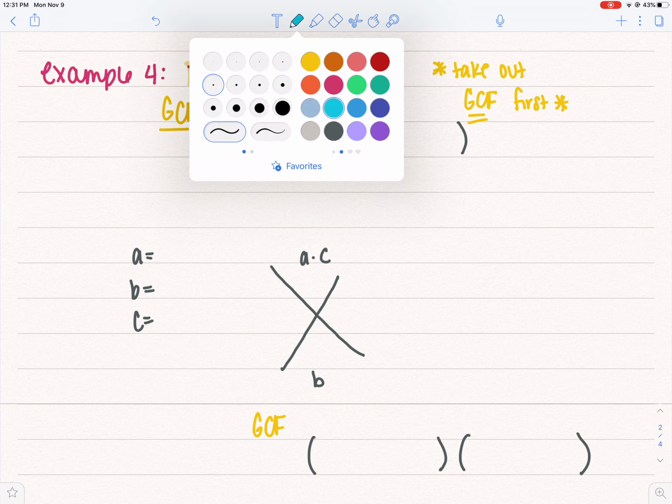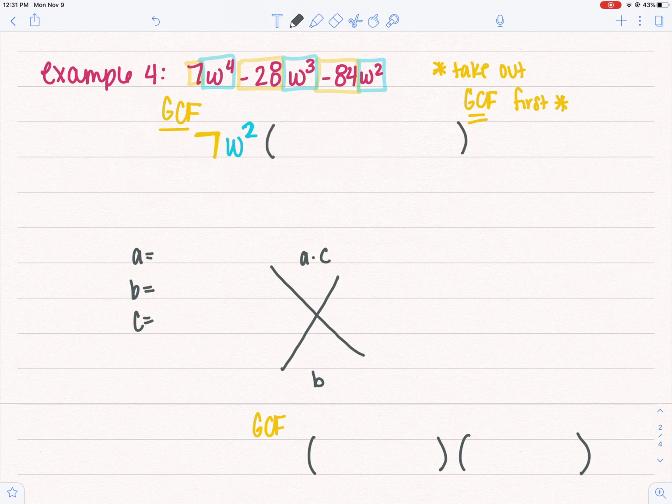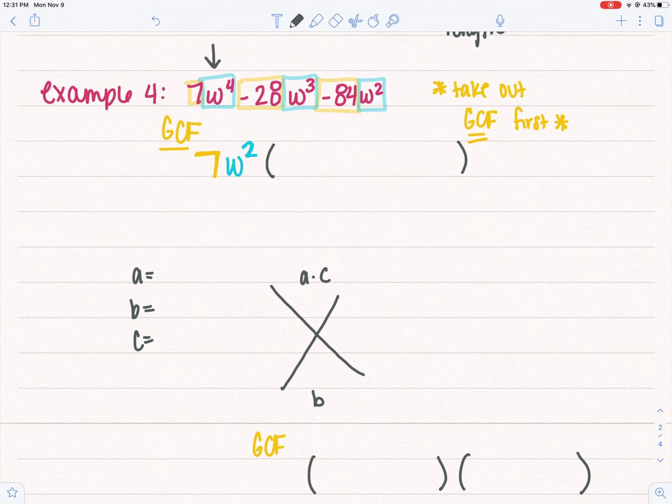So once I factor out that 7w squared, I'm looking at the first term, 7w to the fourth. 7 divided by 7 is going to give me 1. W to the fourth divided by w squared is going to give me w squared. My second term, negative 28w to the third, divided by 7w squared: negative 28 divided by 7 is negative 4, and w to the third divided by w squared is w.